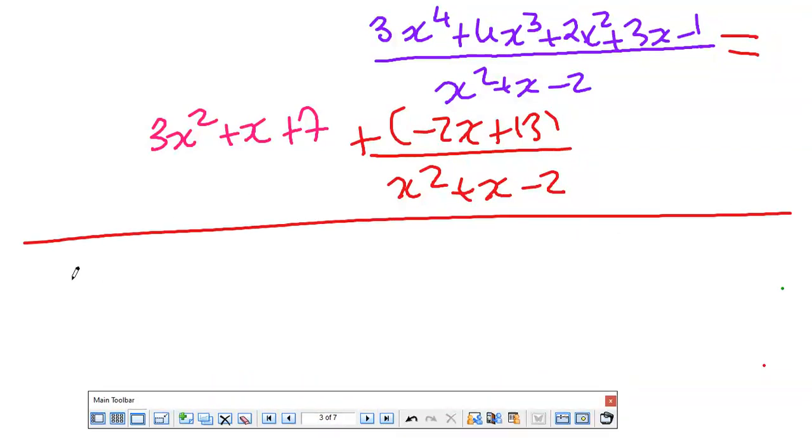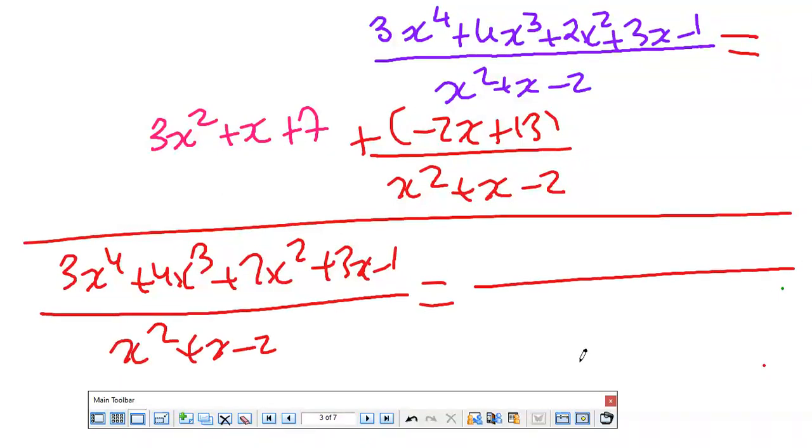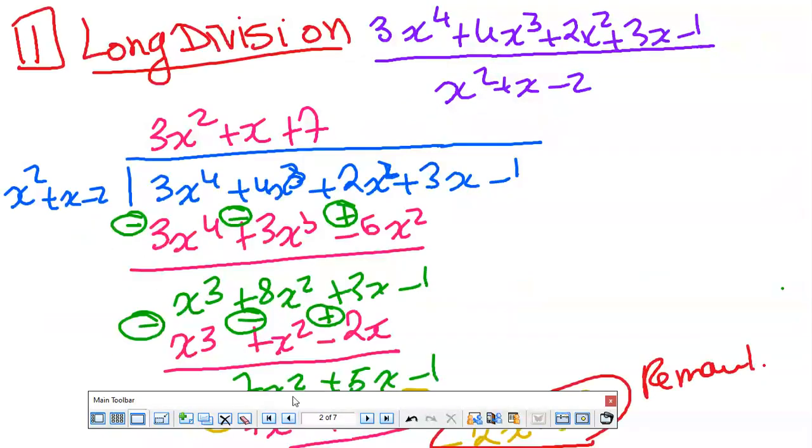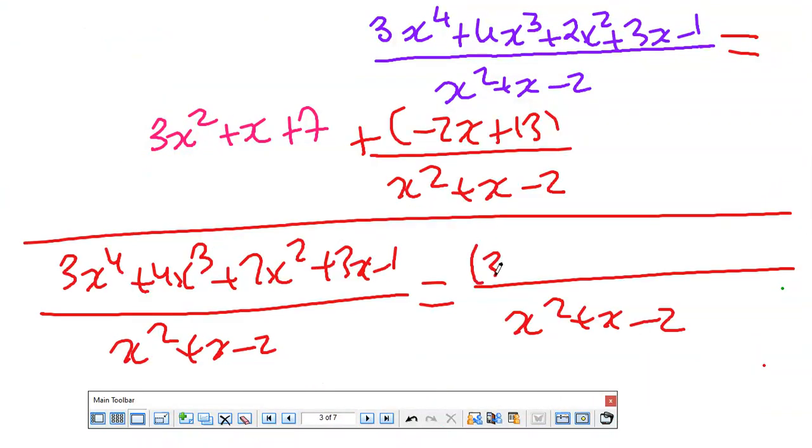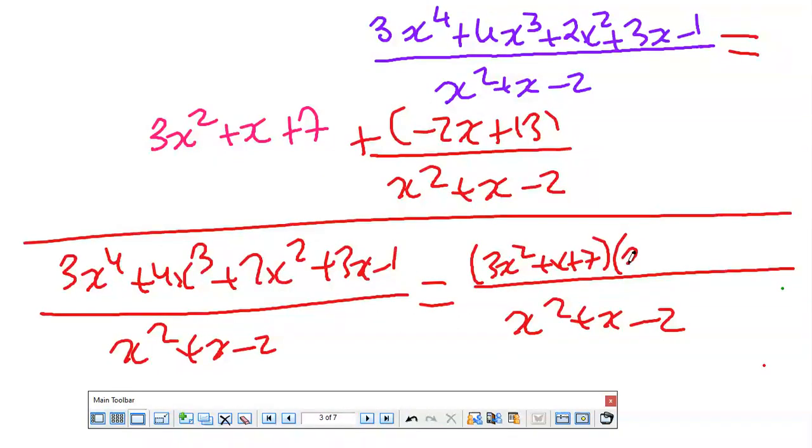So 3x^4 plus 4x^3 plus 2x squared plus 3x minus 1, over x squared plus x minus 2, is equal to the numerator still over x squared plus x minus 2. How can I write the numerator? It's this times this plus the remainder, isn't it? So the numerator is 3x squared plus x plus 7 times x squared plus x minus 2, and then I still have plus the remainder, minus 2x plus 13.